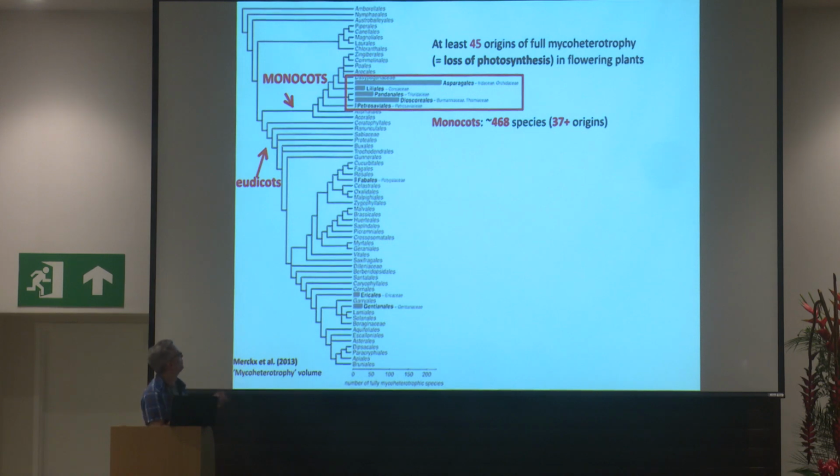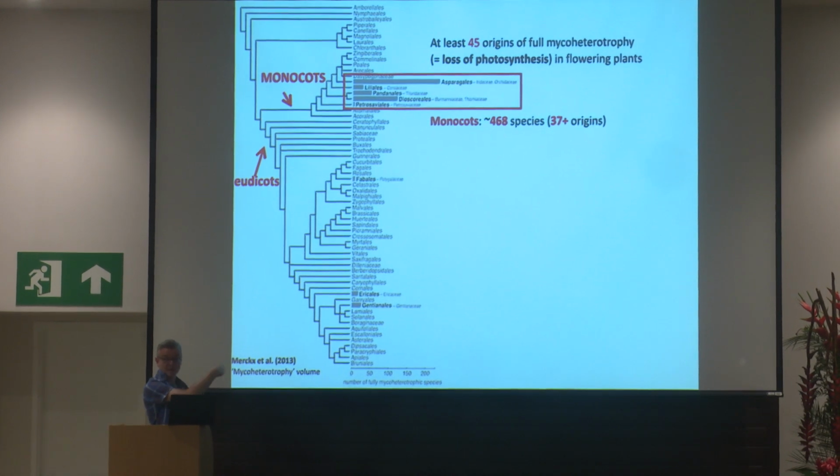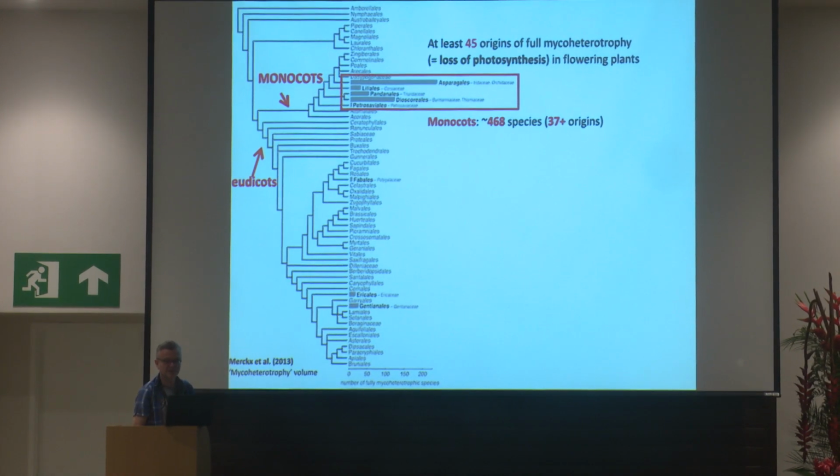So this is a phylogeny with mapped on it the number of species of mycoheterotrophs in the different orders of flowering plants. And you can see that the monocots have most of the mycoheterotrophic lineages, represented by the bars, which represent the number of species.